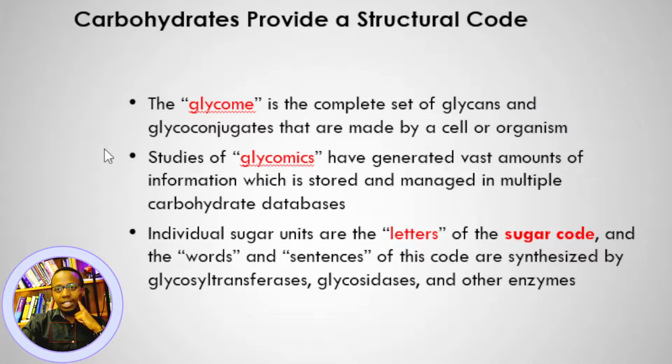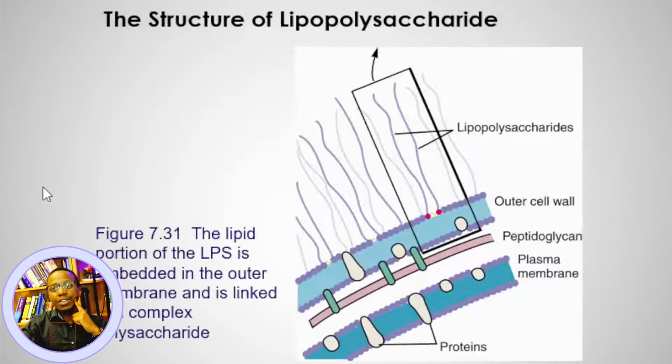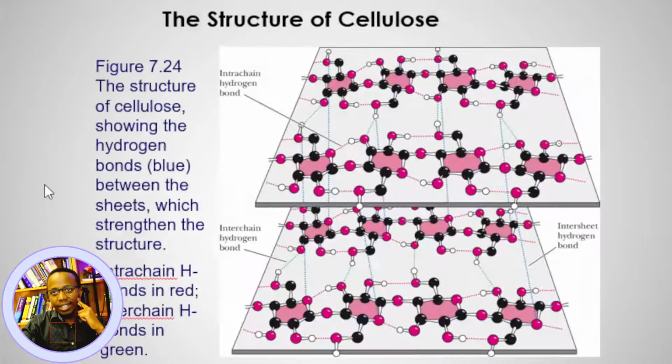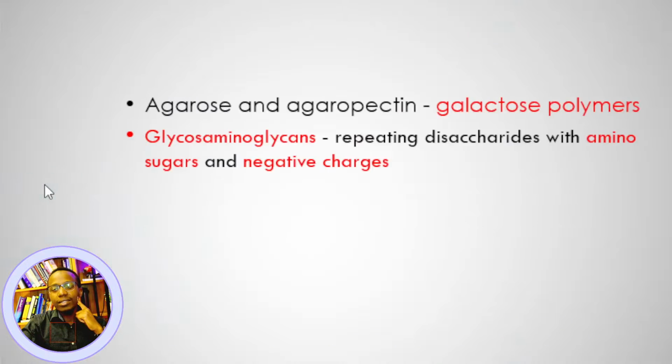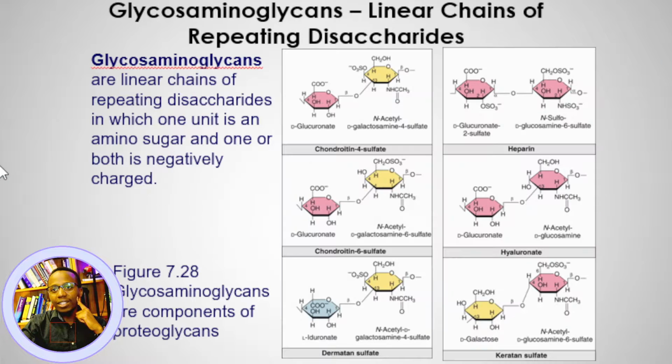Let me see if I have an example of glycosaminoglycans. They have a sugar molecule, and then, we'll find them eventually. There they are. You have a sugar molecule bound to another sugar molecule bound to an amine, right? So glycosaminoglycan.